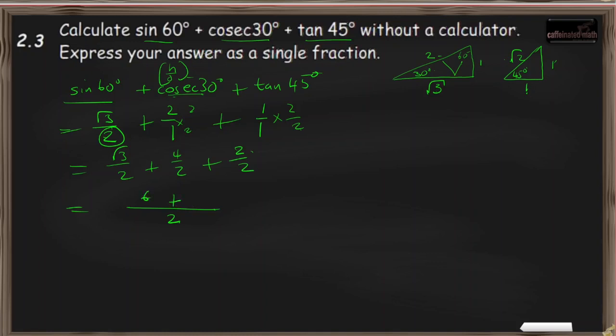Plus square root of 3. And that's good enough for me, because that is a single fraction as required. So 1 for the ratios, 1 for simplification, and 1 for our final answer.